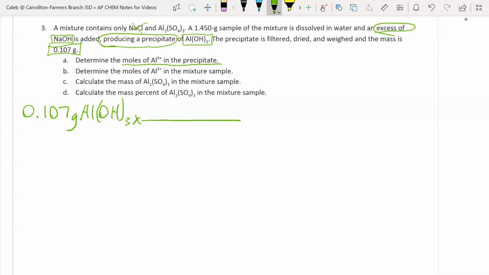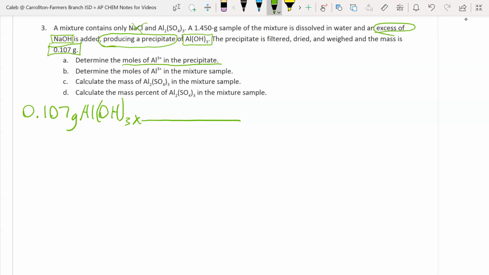We need to go ahead and put our molar mass down. So aluminum has a mass of 26.98. And then we have 3 times the mass of oxygen, which is 16.00. And 3 times the mass of hydrogen, which is 1.008.